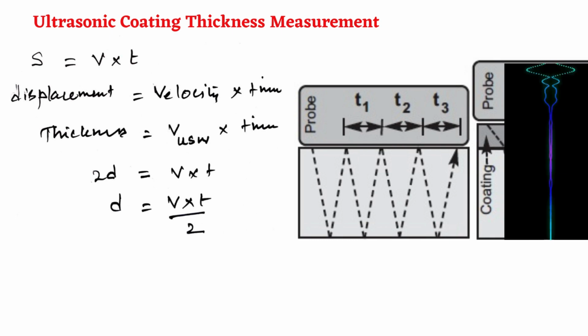So 2D equals V into T, where D is the thickness, so D equals V into T divided by 2. We know the velocity of our ultrasonic wave and we can monitor the time taken. When you multiply V and T and divide by 2, we get the thickness. Likewise we can measure coating thickness using the ultrasonic principle.